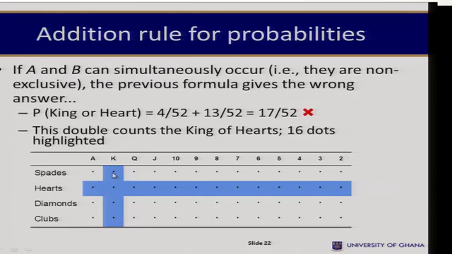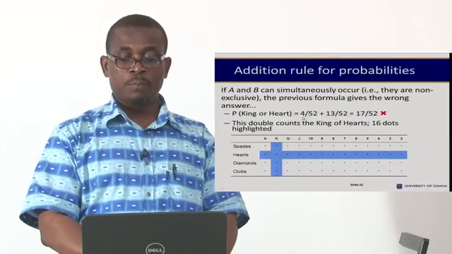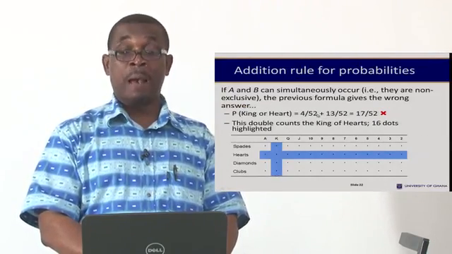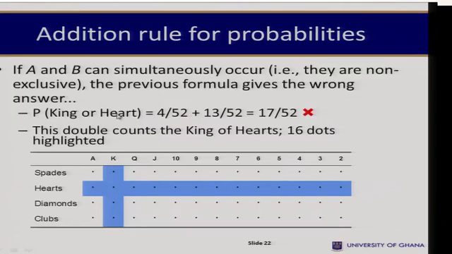A king of spades, a king of hearts, a king of diamonds, and a king of clubs. So there are 4 of them. So it is 4 over 52. Because there's an or here, we put our plus, right? Because the other is heart. The hearts are 13, so that is here. So it is 13 over 52. When you add, it's 17 over 52. But the answer is wrong.